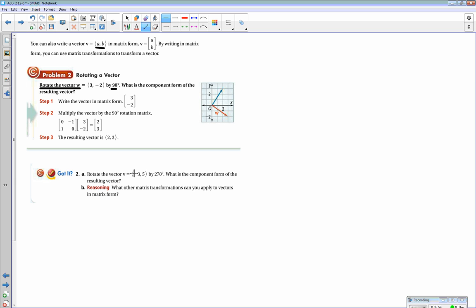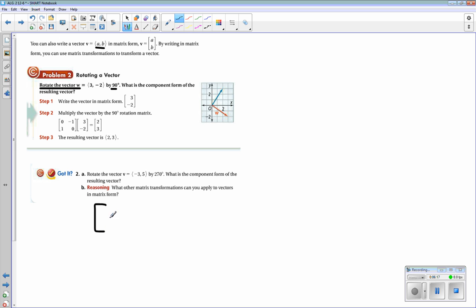So let's do that for ours. Rotate the vector v by 270 degrees. What is the component form? So a 270 degree rotation is multiplying by the matrix 0, 1, and negative 1, 0.